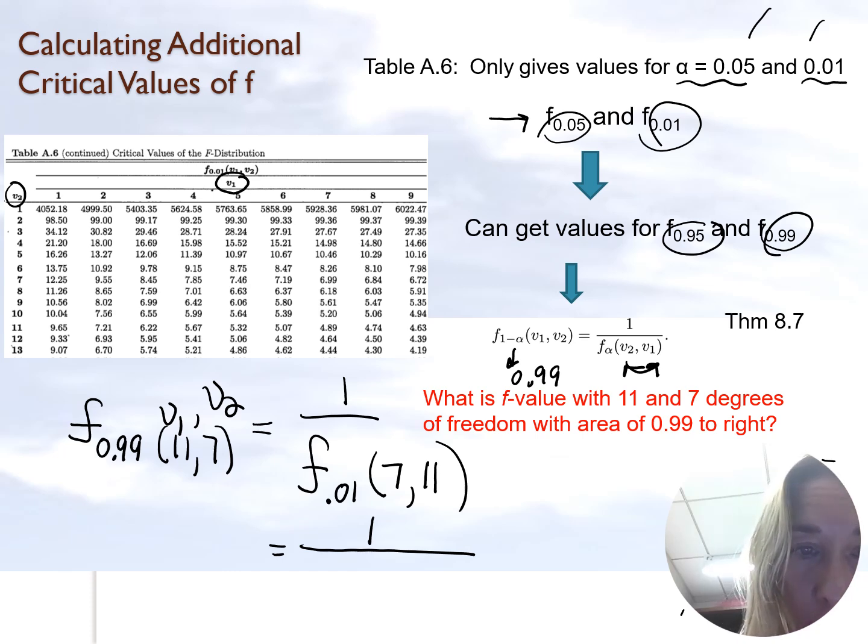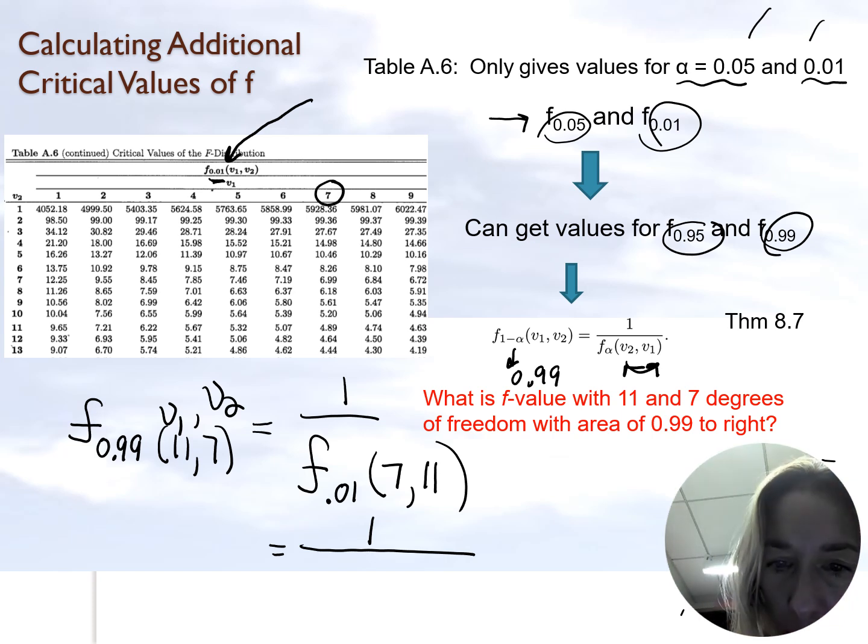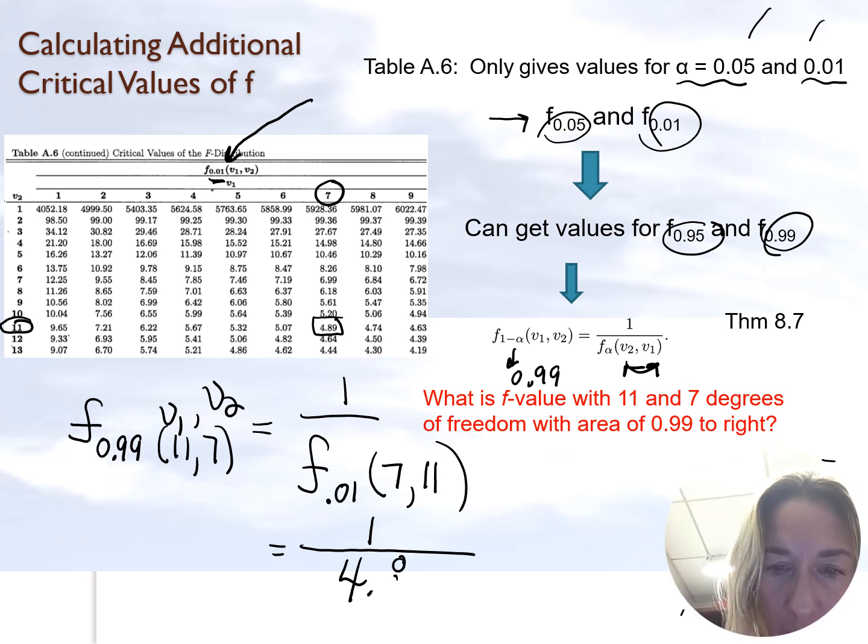Easy enough. We can read that directly out of the table. This is our alpha equal 0.01 table. We know that because it's specified right there. Nu 1 is 7, and nu 1 is across the top. Nu 2 is 11, down the left-hand side. We read off the F value at the intersection of those two: 4.89. So in the denominator is 4.89.